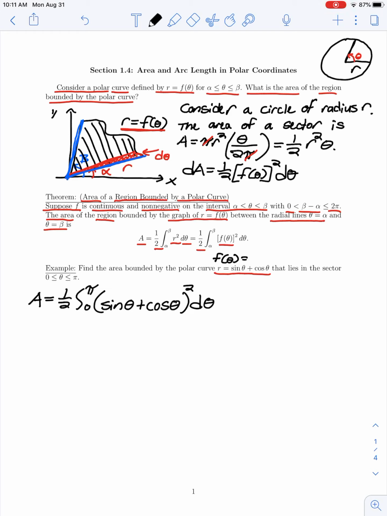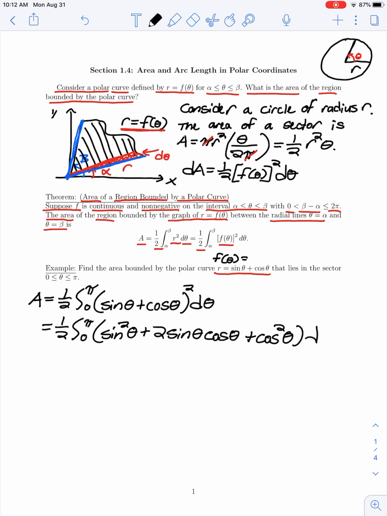So let's simplify a little bit. Expanding this, we have 1/2 the integral from 0 to pi of sine squared theta plus 2 sine theta times cosine theta plus cosine squared theta d theta.